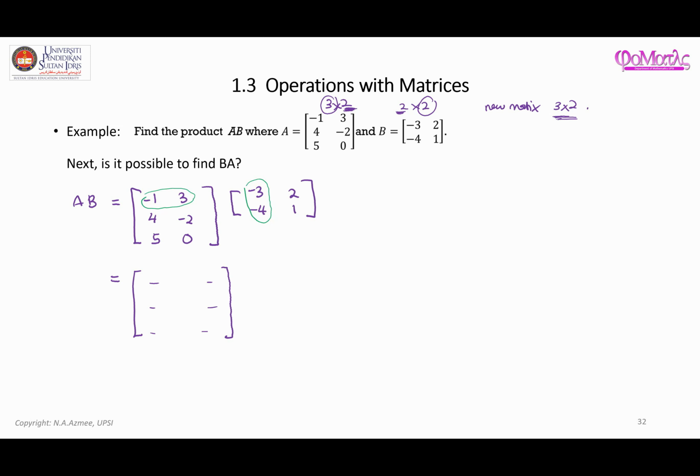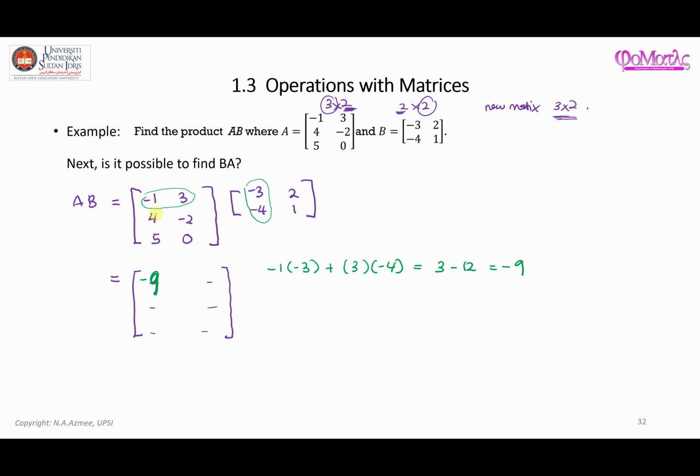So here we have -1 times -3 plus 3 times -4, and the result is 3 minus 12, which is -9. That's the result we're going to put in this position. This is -9.